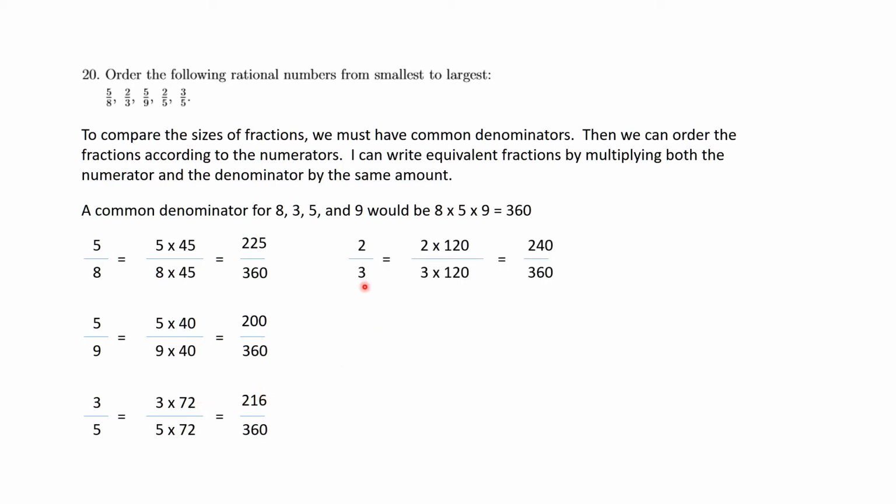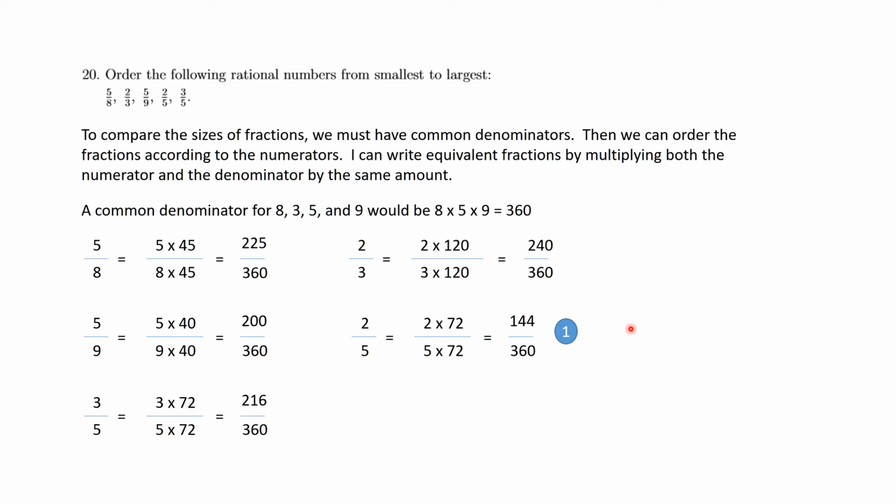For 2/3, multiply the top and the bottom by 120 to get 360, and I end up with 240 in the numerator. And then for 2/5, we know that 5 times 72 gives me 360, so 2 times 72 is 144. So now I order them according to the size of their numerators, since they have the same denominator. So the smallest one would be 144 parts out of 360.